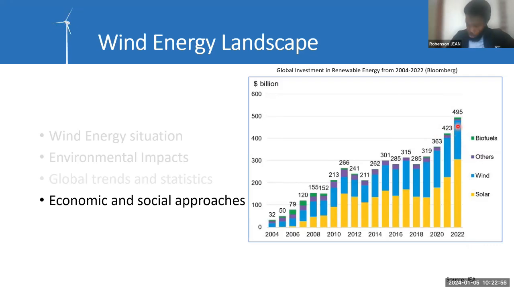So together, wind and solar are having a very high investment. We can expect a very good result and a very high amount of electricity share based on this kind of technology.